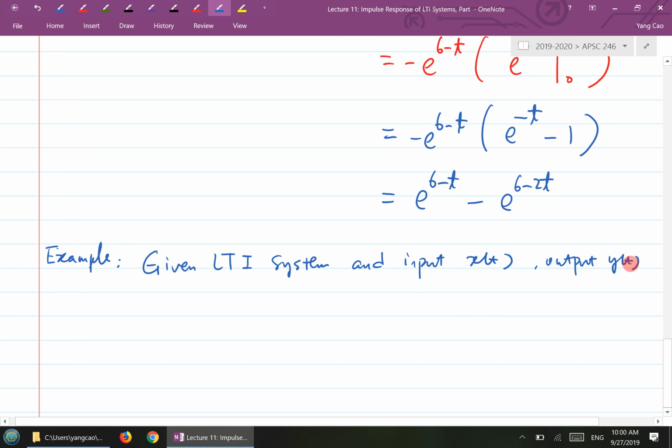So let's say we have an LTI system. We have input x of t, and we have output y of t.